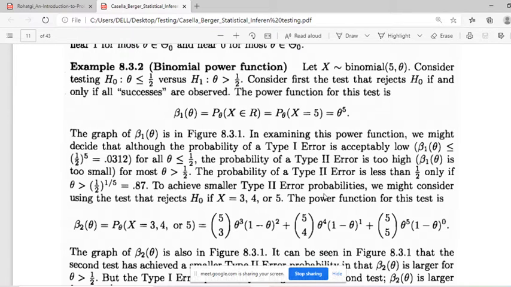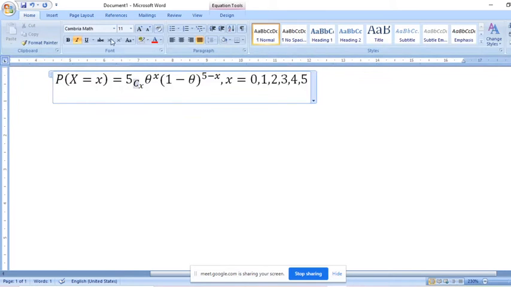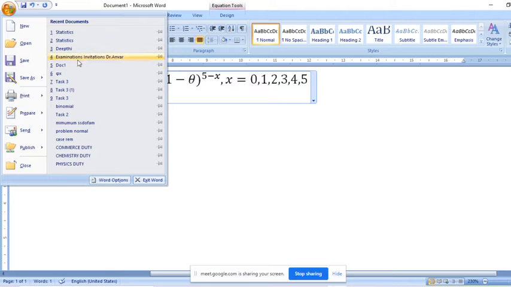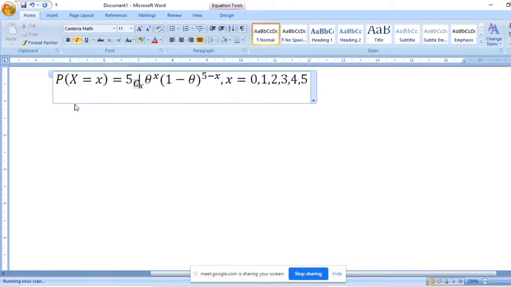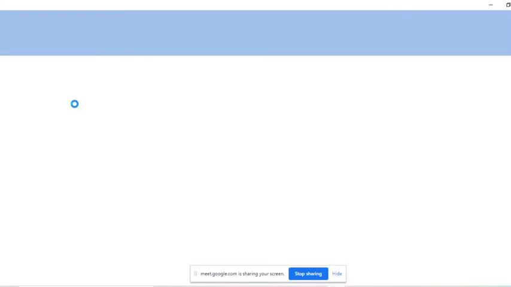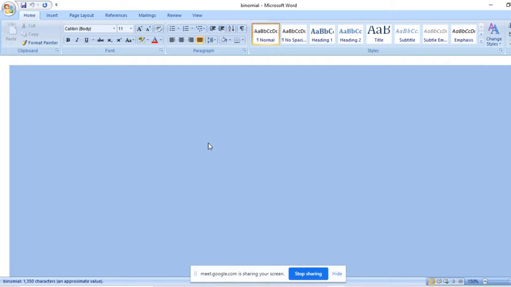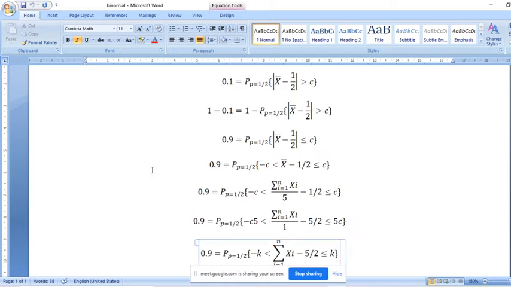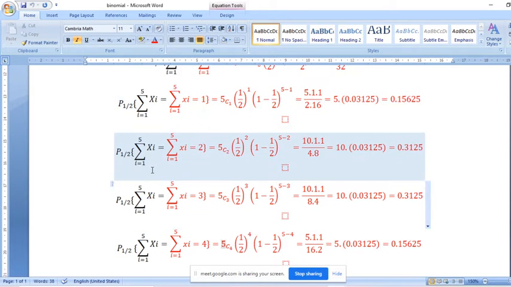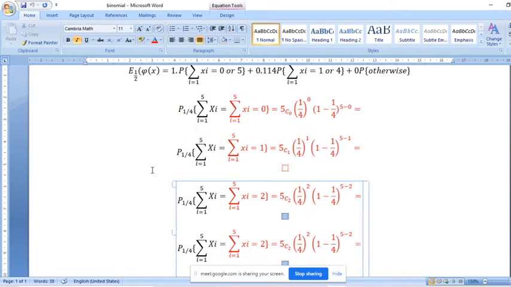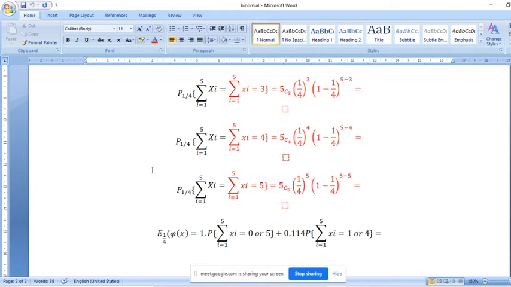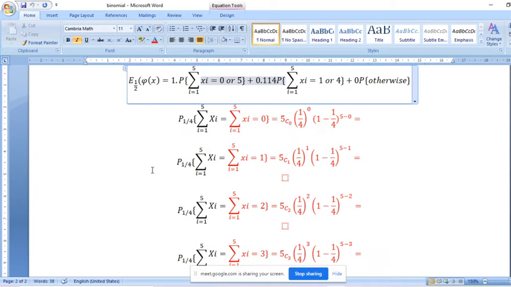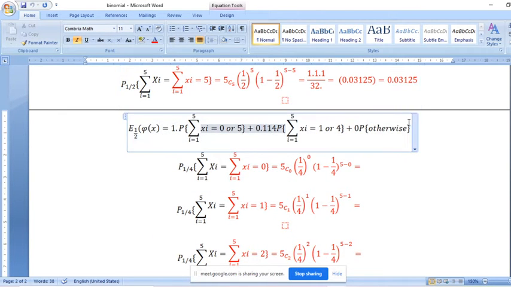So what will be the power function? What is the power function?